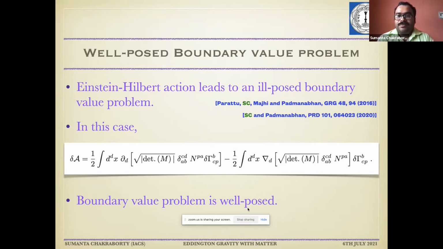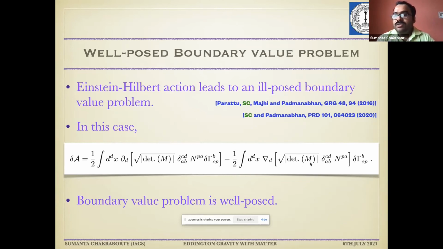However, in our case, that is for the case of Eddington gravity, I have expressed the variation over here. So as you can see, the first term is a total derivative, and it only depends on delta gamma at the boundaries. The second term, which is presumably the equation of motion term, depends on derivative of this object N and derivative of capital N.